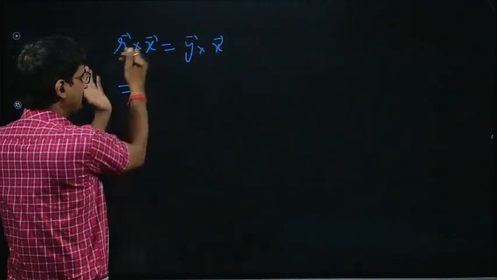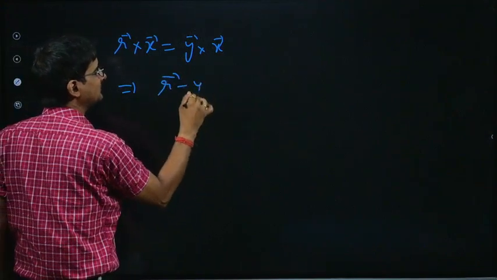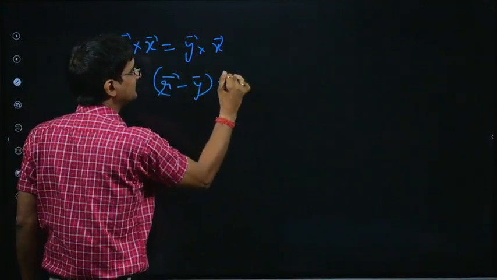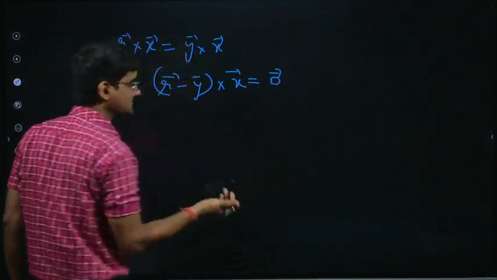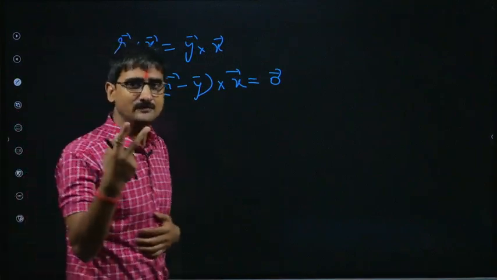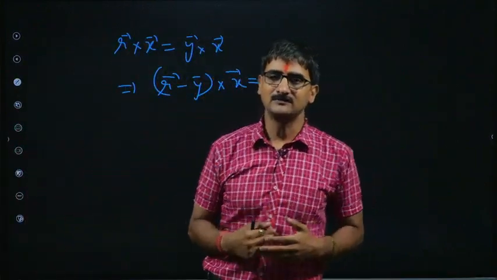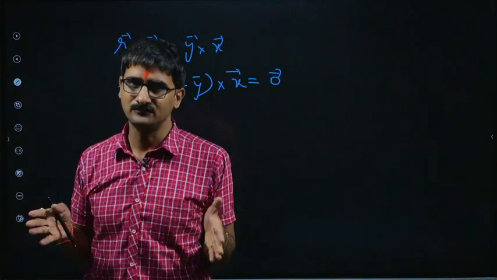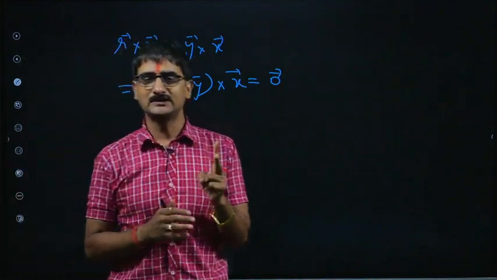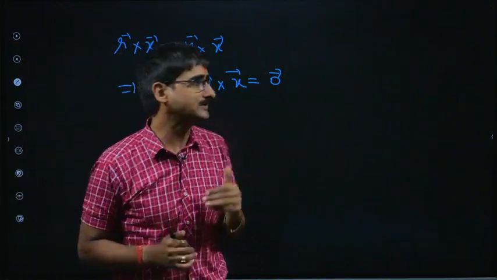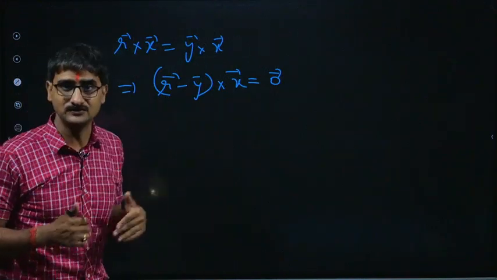See, if I bring it to this side, can I use the distributive property? We know both the cross product and dot product get distributed over addition and subtraction. If the cross product of two vectors is a null vector, and of course we are assuming none of them is a null vector, then the vectors are collinear.